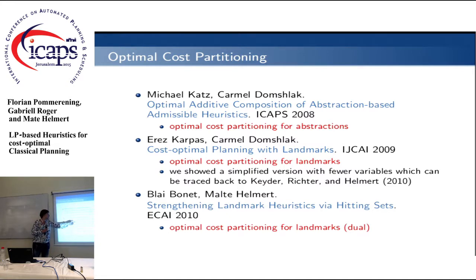It can be traced back in the code of Emil Keyder, Silvia Richter, and Malte Helmert. The dual I showed you, which is more intuitive with the number of occurrences of operators in the plan, goes back to Blai Bonet and Malte Helmert and strengthening landmark heuristics via hitting sets.